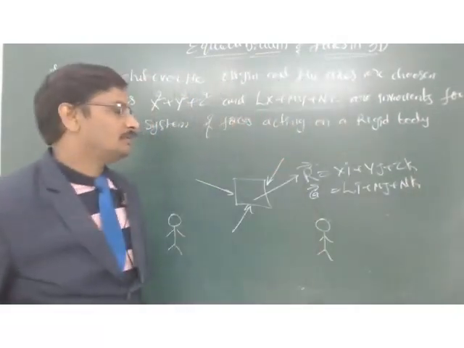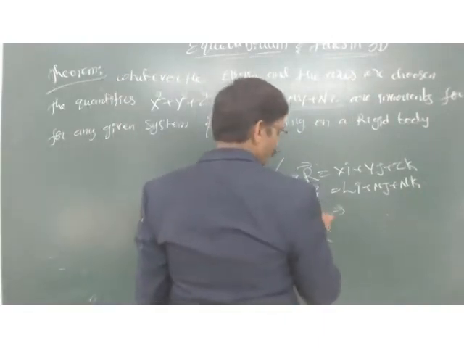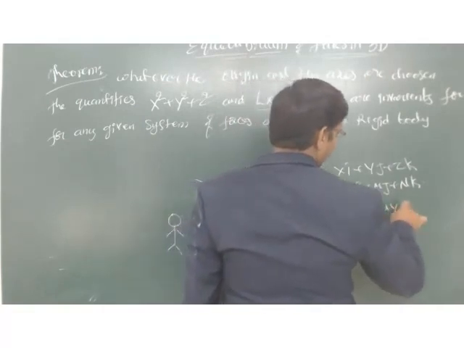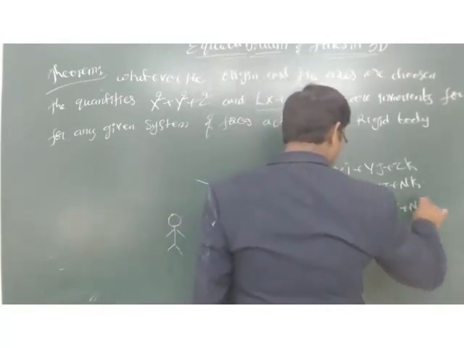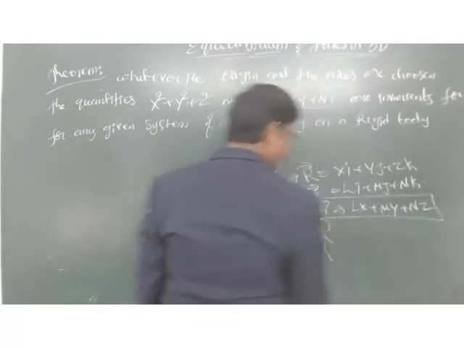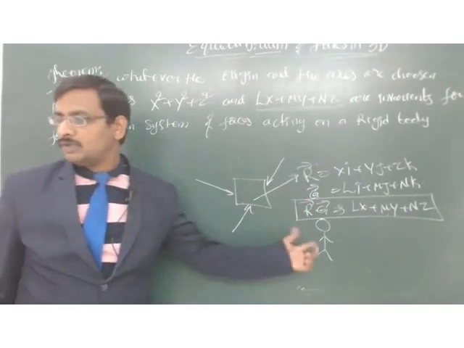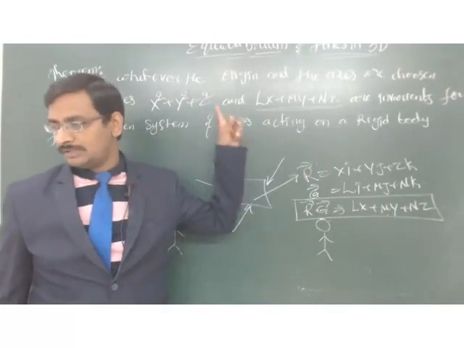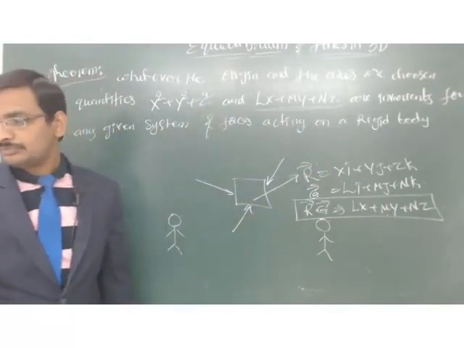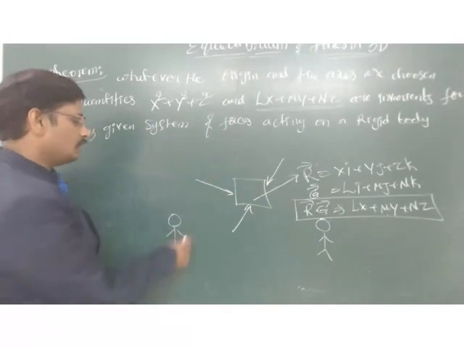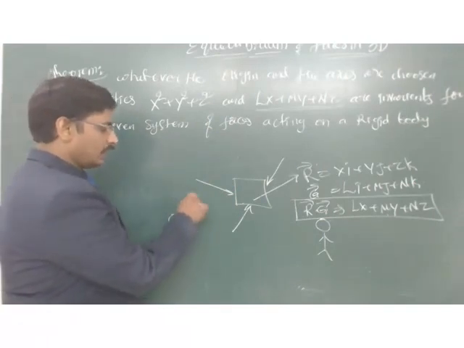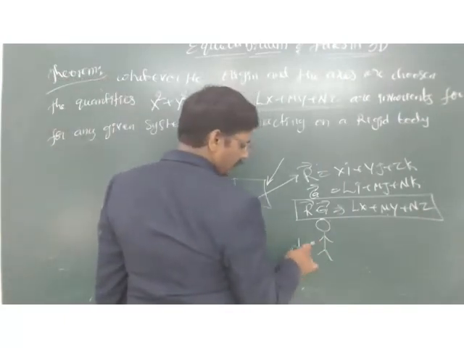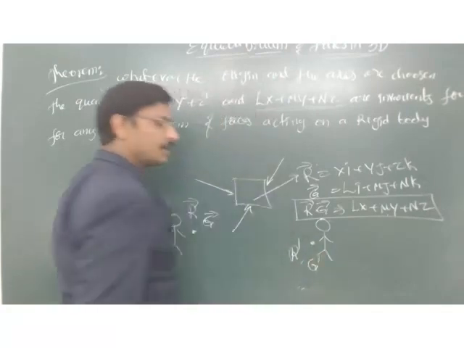Now the dot product of these two, R dot G, is equal to Lx plus My plus Nz. This magnitude is irrespective of the way you select it, so it is also a constant value. This is what we need to prove. The first one is anyway known to us. So take this as one origin and call this R and G, and take this as one more origin and call this R dash and G dash, where R dash equal to R.